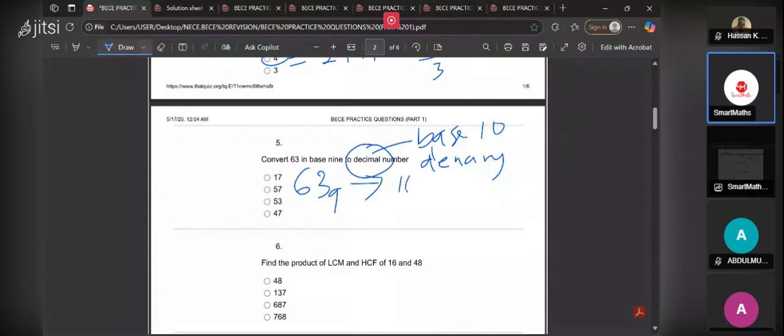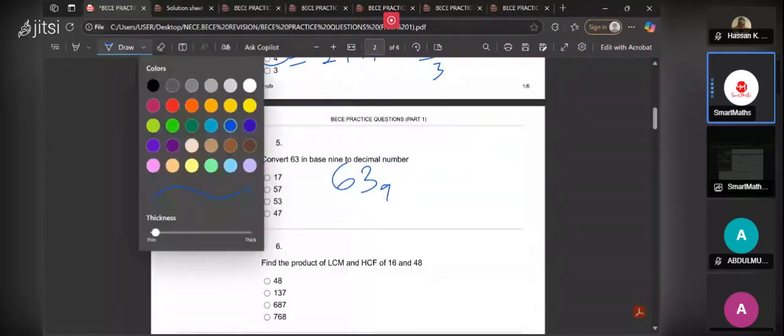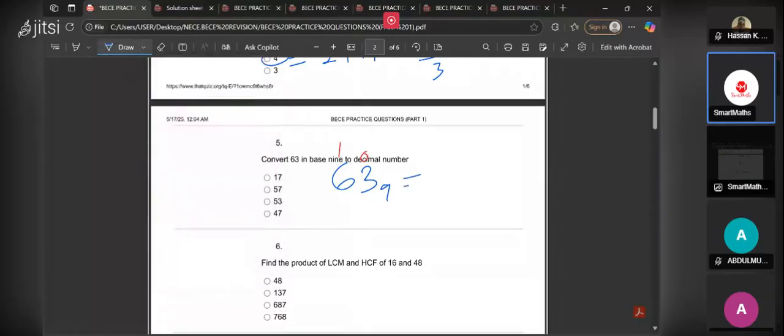How do you go about this? We are going to use the expansion method. 63 base 9. You start from the first number by your right. You put 0, 1. Then that's going to be 6 times the base, which is 9, raised to power 1, plus 3 times 9 raised to power 0.